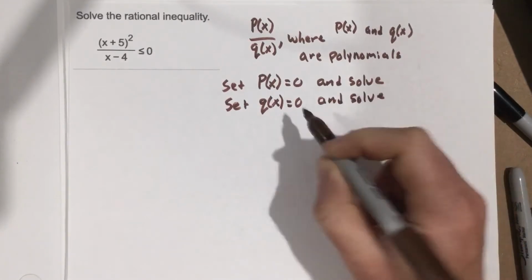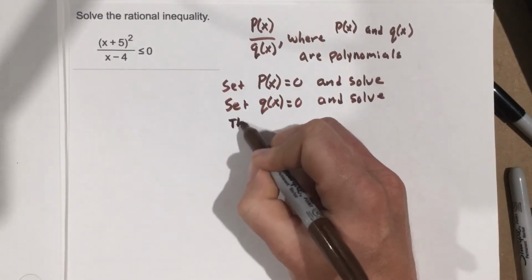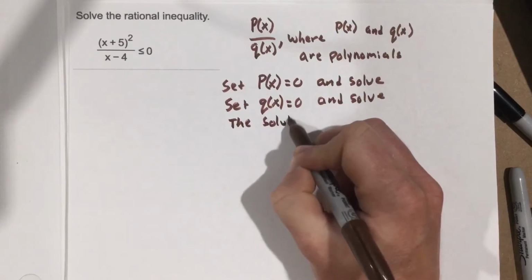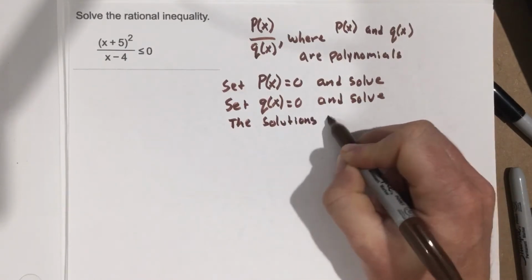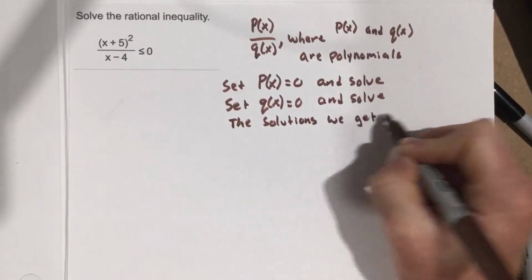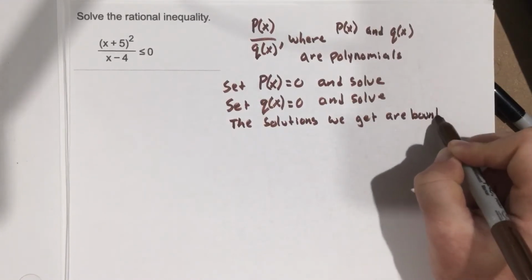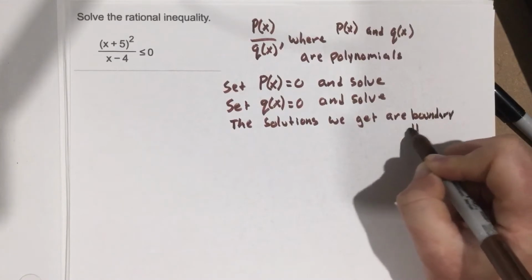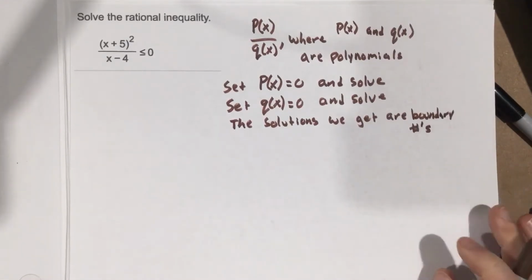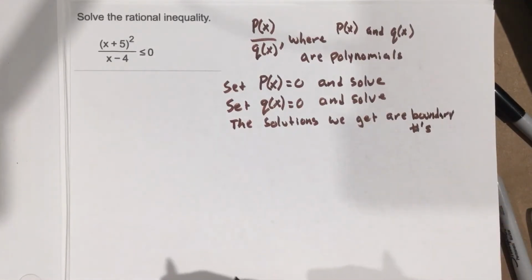And these numbers we get, so the solutions we get, are boundary numbers.